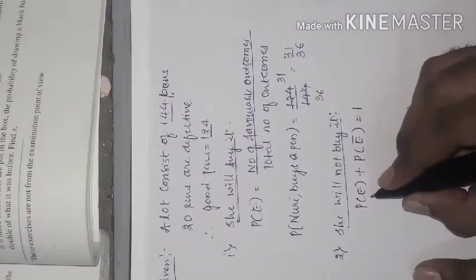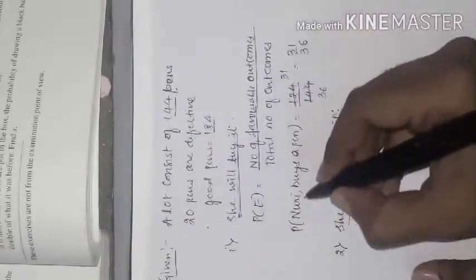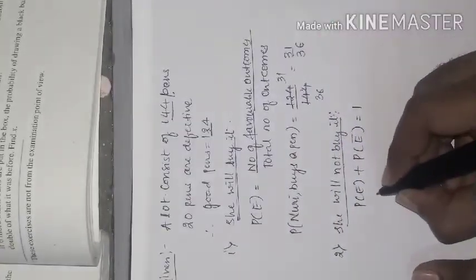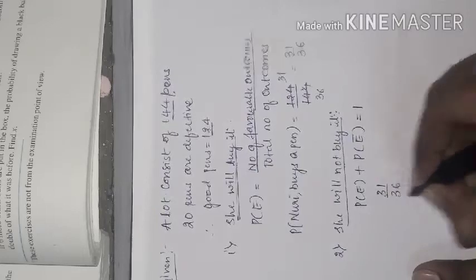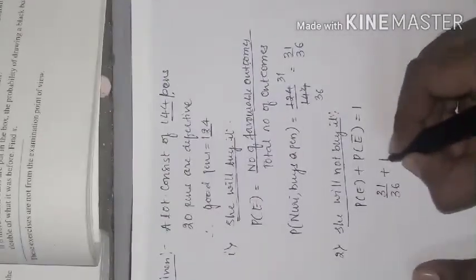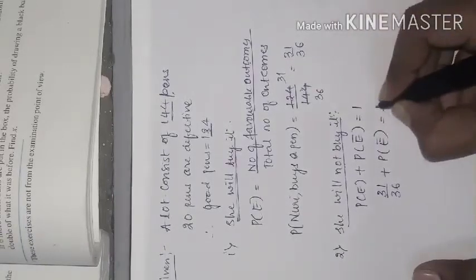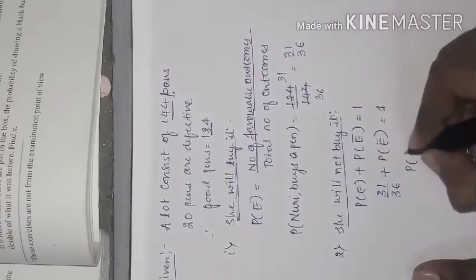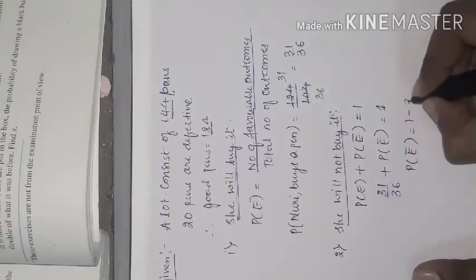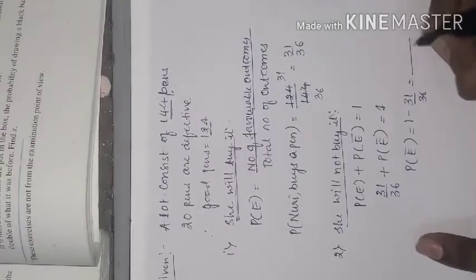Now the probability of the event we got is 31 by 36. So 31 by 36 is the probability of buying a pen, and the probability of not buying a pen is equal to 1 minus 31 divided by 36. What will be the LCM here? 36 is the LCM.